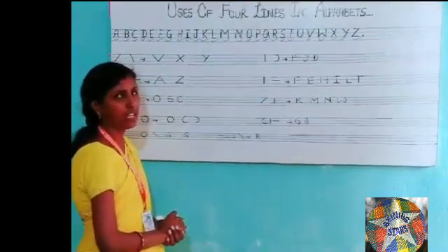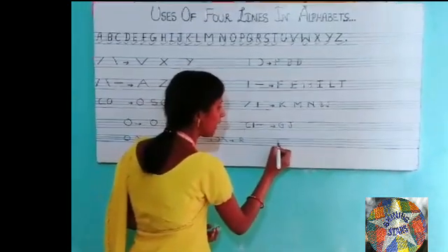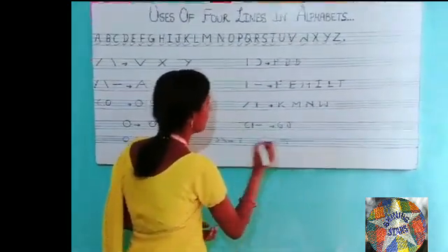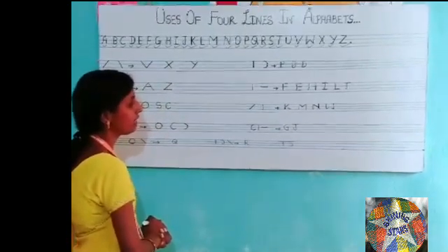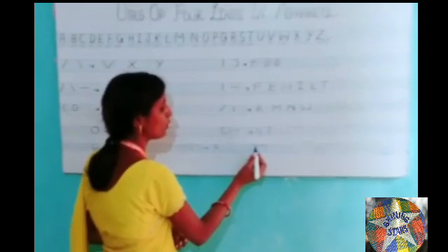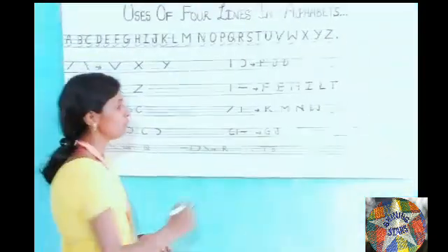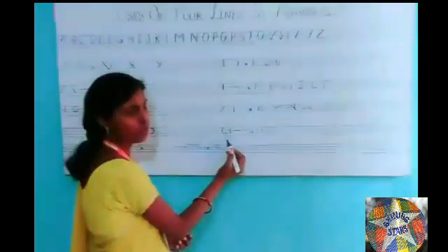Which letter is left? U. With U we will use a standing line and a semicircle. We have already learned to make a letter with a standing line and semicircle. Just look at the lines above.